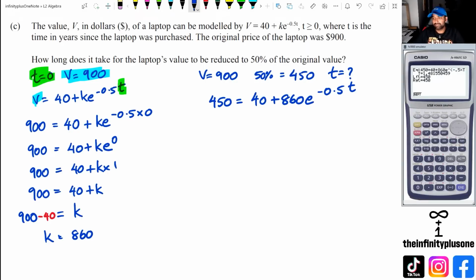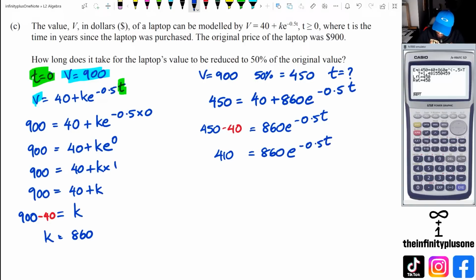In saying that, we're going to work through it fairly quickly and rearrange this. We've got 450, and we take away 40 first, which equals 860 e to the power of negative 0.5t. So 450 take away 40 is 410. So 410 is equal to 860 e to the power of negative 0.5t. Then 410 divided by 860 is equal to e to the power of negative 0.5t.